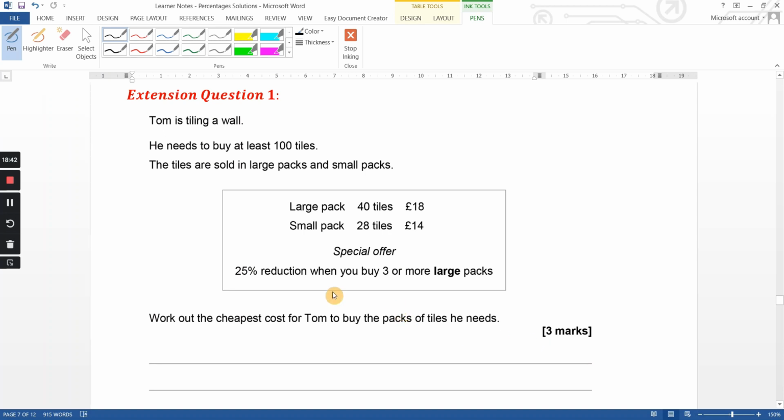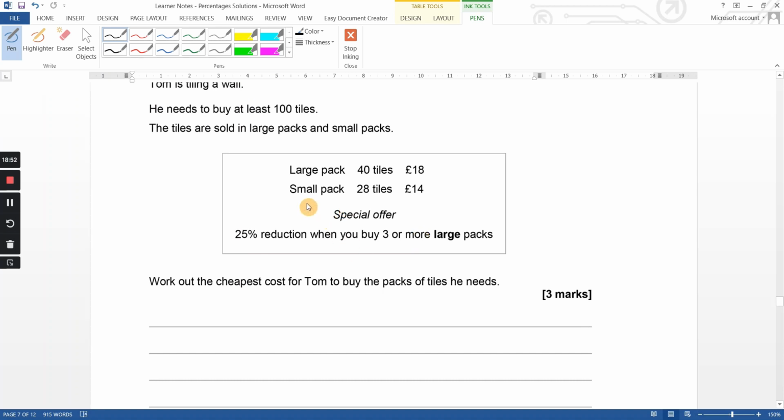3 marks. I'm assuming it's going to be using the large packs. He only needs 100. But I think it's a good idea to show what would happen if you just bought the small packs. How many is he going to need?